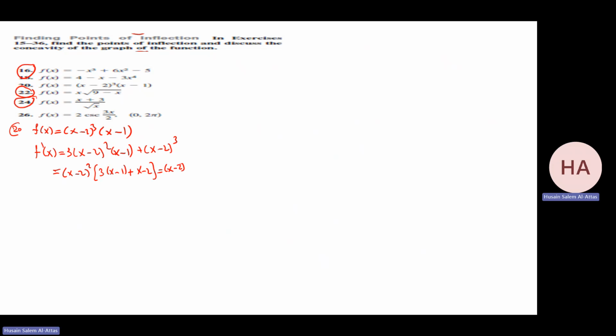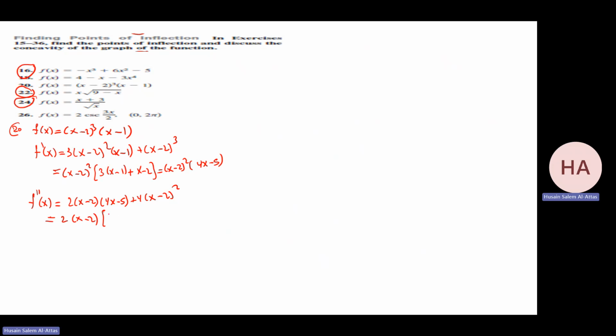X minus 2 squared times 4x minus 5. Okay. Second derivative: I have 2 times x minus 2 times 4x minus 5 plus 4 times x minus 2 squared. So I have 2x minus 2 as a common factor.